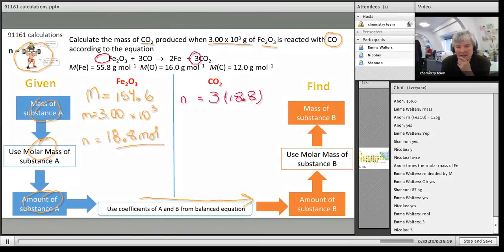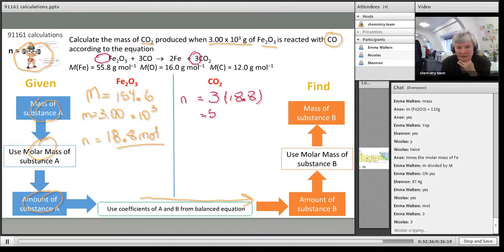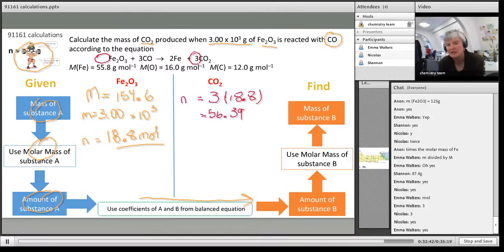Okay, so my number of moles of CO2 is going to be 3 times 18.8, and so that would be, I get 56.39. I hope you do as well. I mean, you could have made it 56.4 writing down, but keep all the figures in your calculator. So what's my next step? I've got to there.